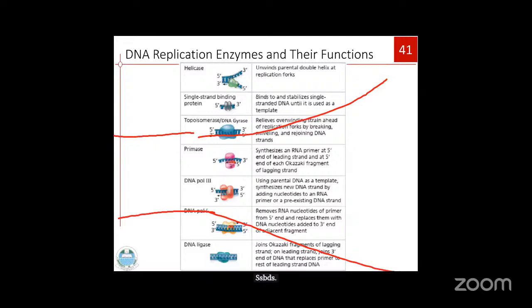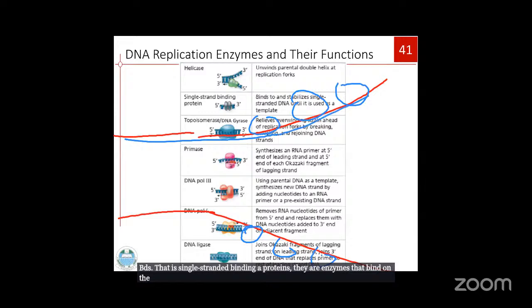The single-stranded binding proteins prevent the DNA from joining up by binding on the opened strands. So let's depict this circle with our SSBs. They bind on the opened strand so that they don't close up again.